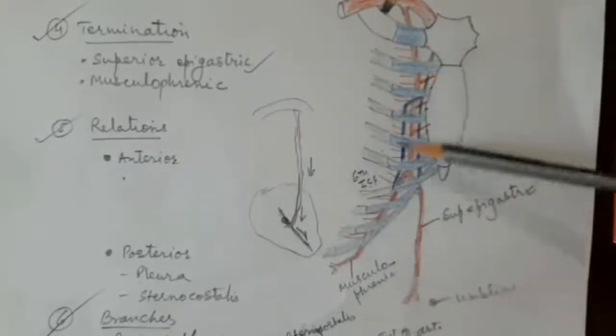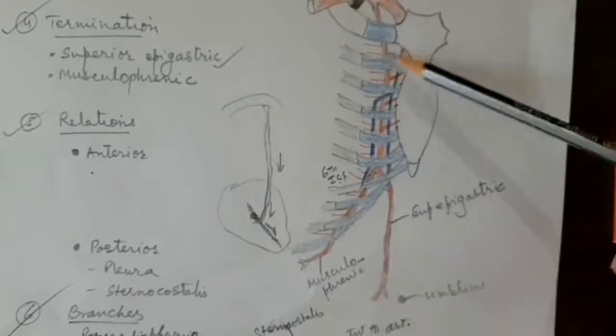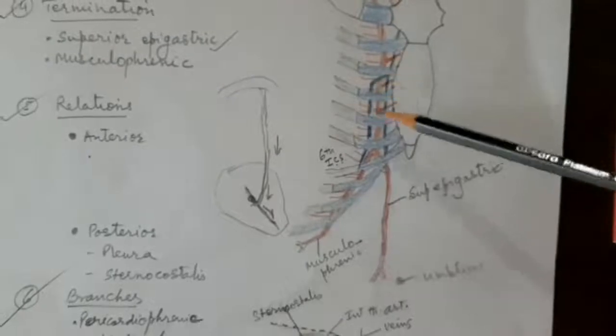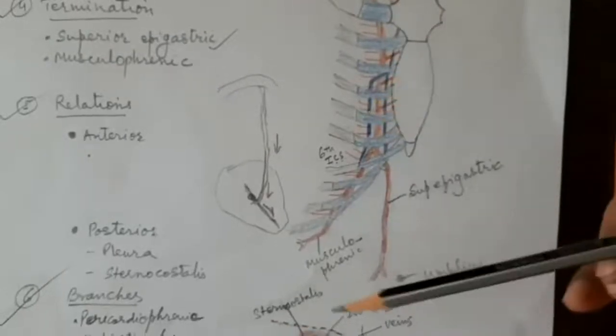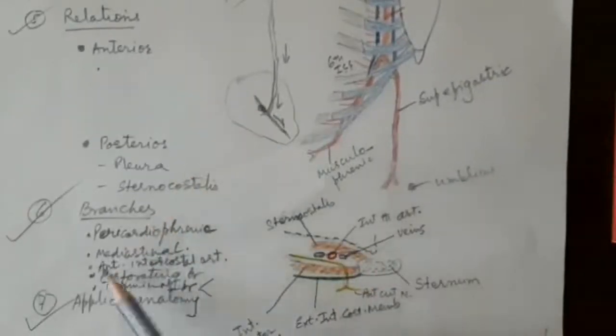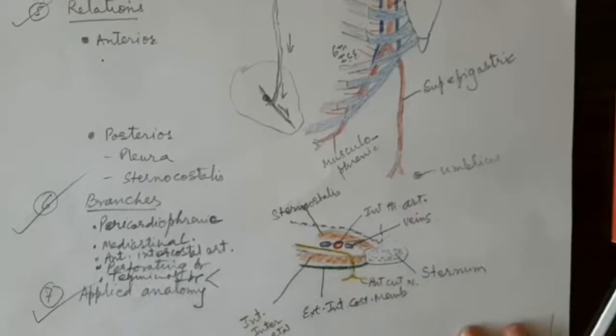Then we have seen its anterior relation in the upper two intercostal spaces, and its posterior relation in the remaining segments. Then we have seen its multiple branches, and its applied anatomy, a very important artery for the coronary bypass operation.